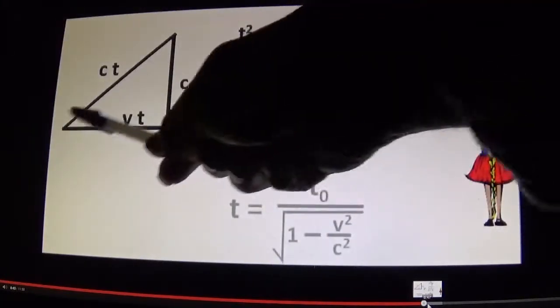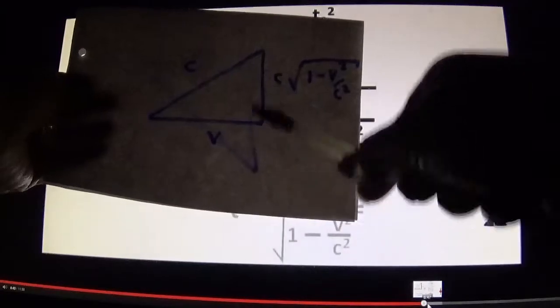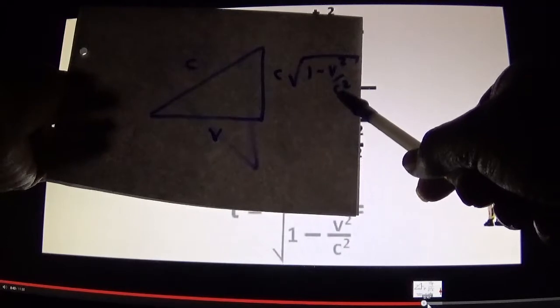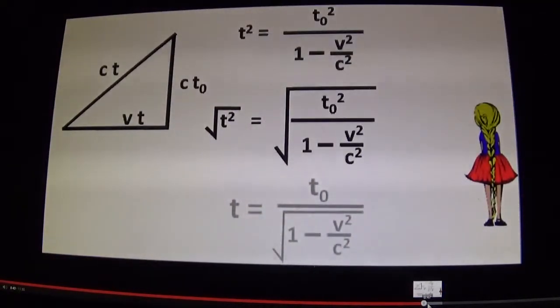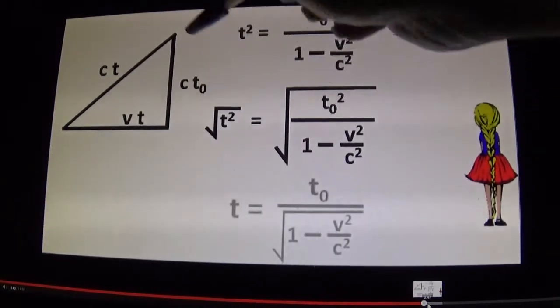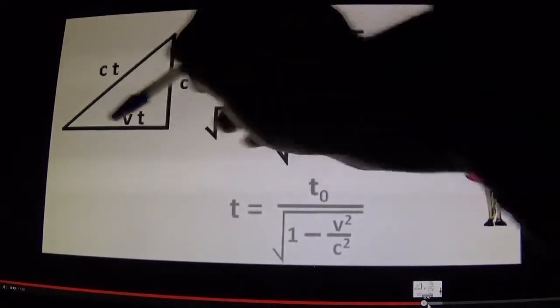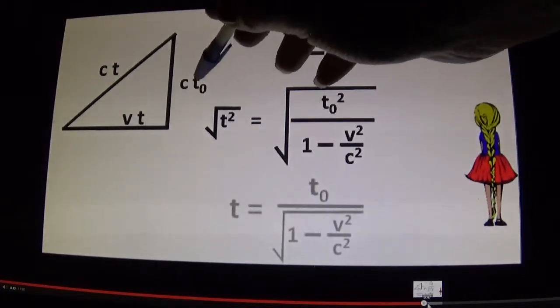So this little lady here, when she's looking at this triangle, what she's really seeing is the speed along there is c, speed along there is v, and the speed up there is c times the square root of 1 minus v squared over c squared. It's not that. No nonsense about it being t0. It's t along there, t along there, t along there, not t0.